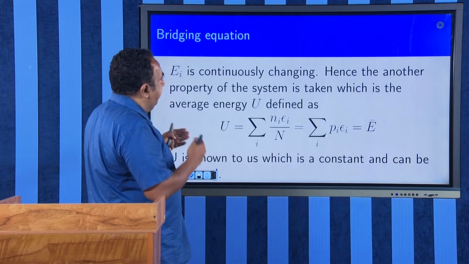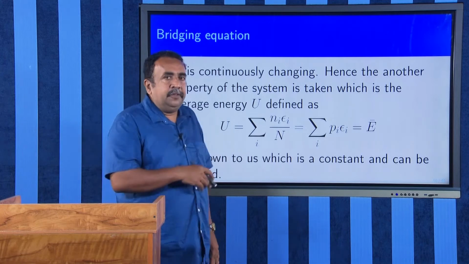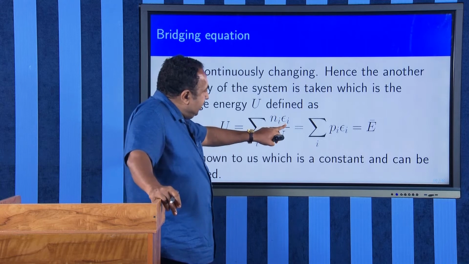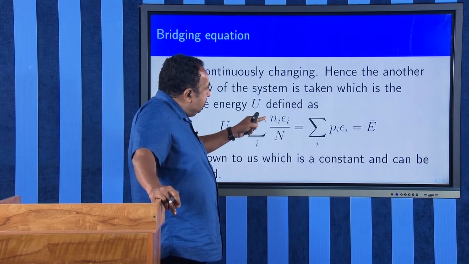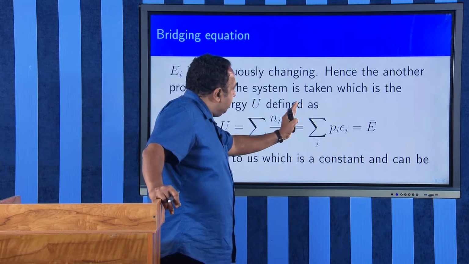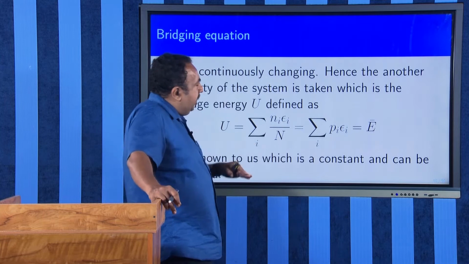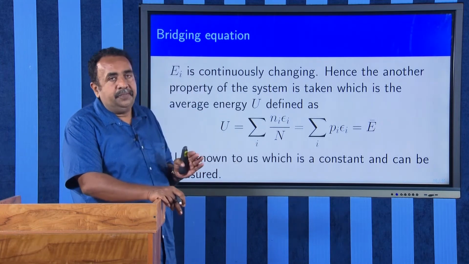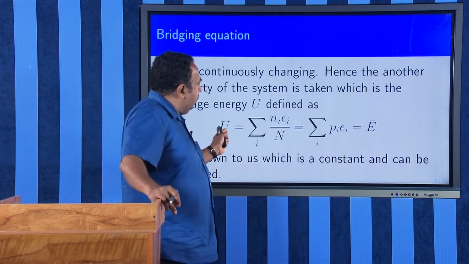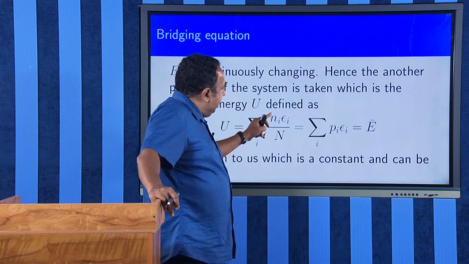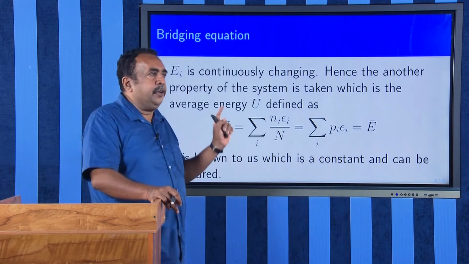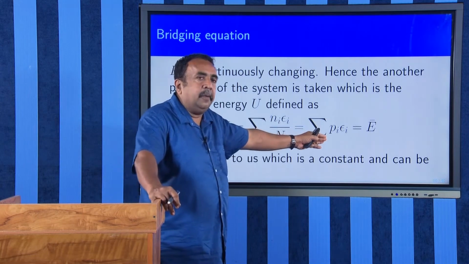You can find that internal energy as the sum of all the energies. If each state has energy EI and the number of particles in that state is Ni, then you sum all the Ni's times EI's and divide by N, and we get the average energy, because that average energy will remain constant. You take that as U. Here Ni by N is the number of particles in a particular state divided by the total number, which is always represented as the probability.